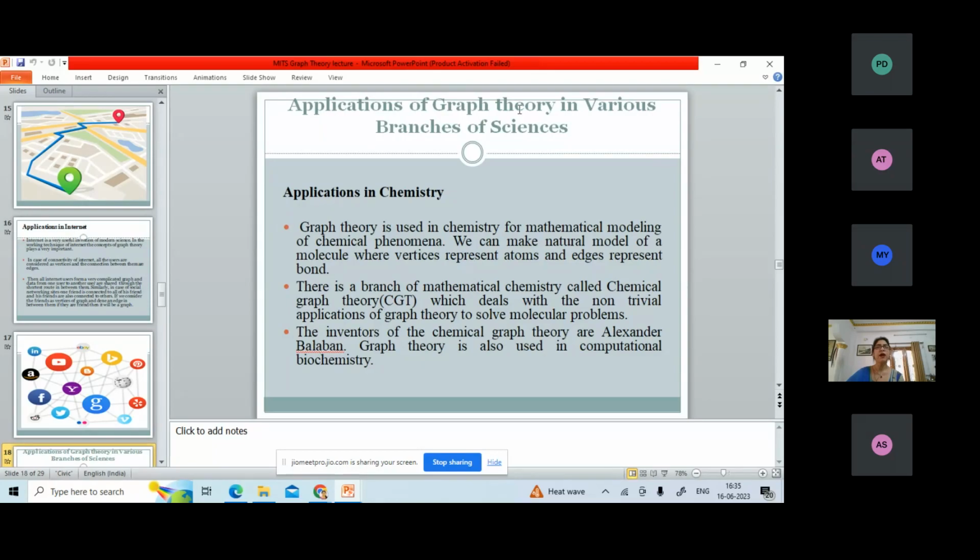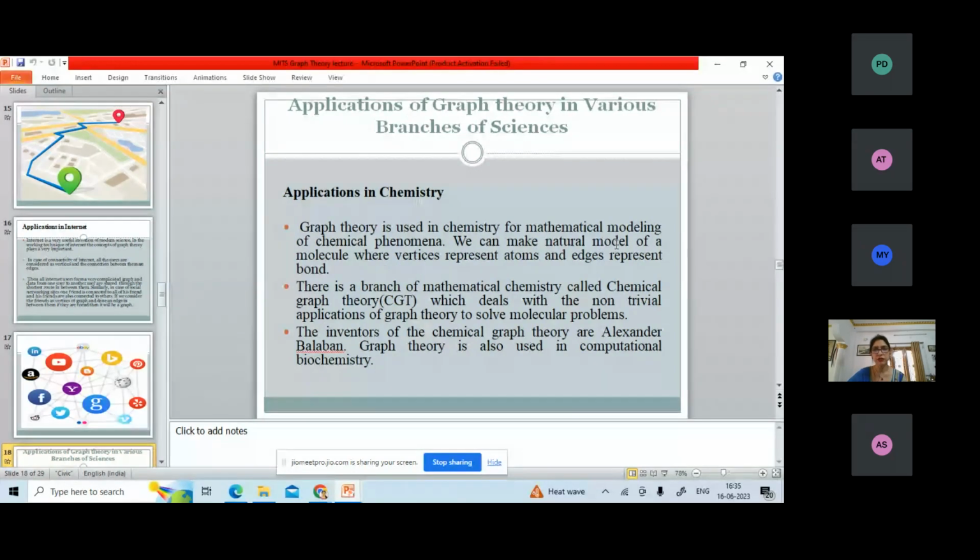Now we will move to a very important part, the application of graph theory in various branches of sciences. First of all, I will tell you the application of graph theory in chemistry. Graph theory is used in chemistry for mathematical modeling of chemical phenomena.